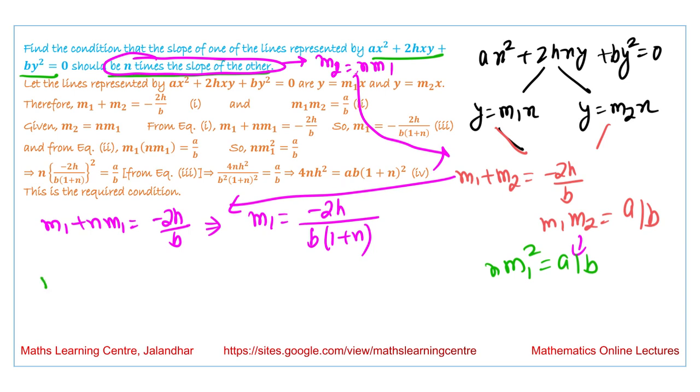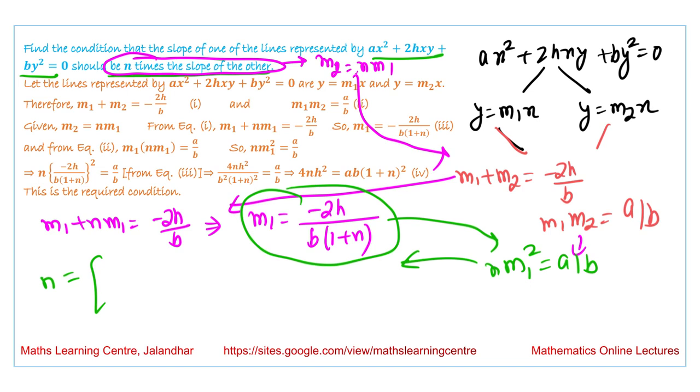So we can write, if we substitute the value of m1 over here, n into 2h by b into 1 plus n, with minus sign, whole square, is equal to a by b.